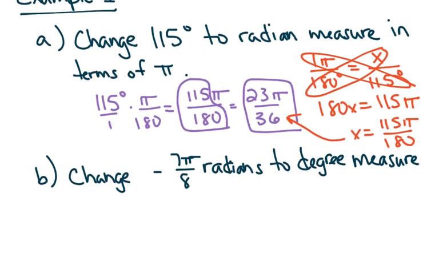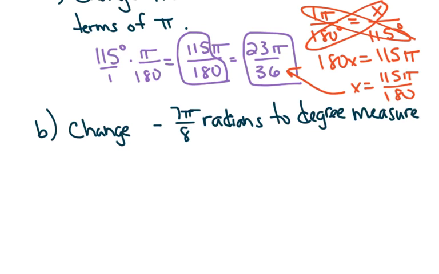All right, let's do this again. How about if I want to go from radians to degrees? So I'm going to change negative 7 pi over 8 radians to degrees. Well, we know that 1 radian is 180 over pi degrees. If I multiply these, I want you to notice that the pi's are going to cancel.